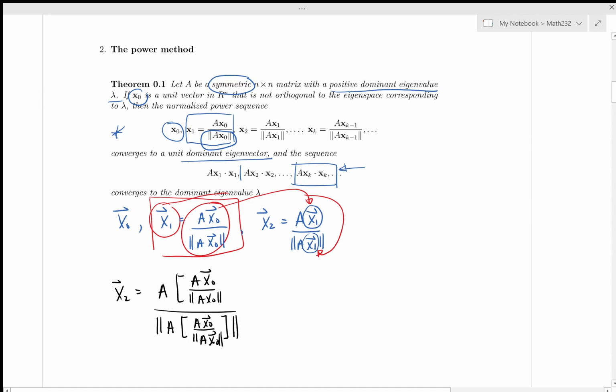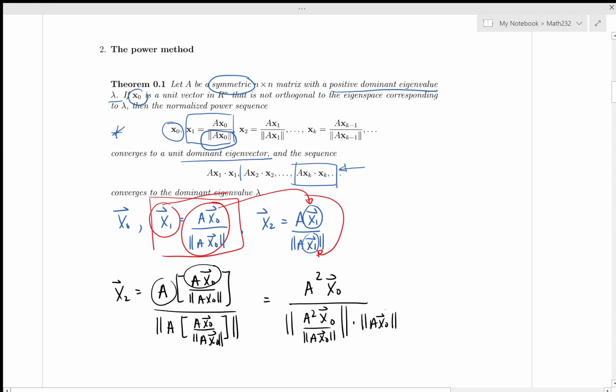Then I can do some simplifying. The numerator is A squared x naught, this times this. And in the denominator, I have the norm of A squared x naught divided by the norm of A x naught, multiplied by the norm of A x naught.